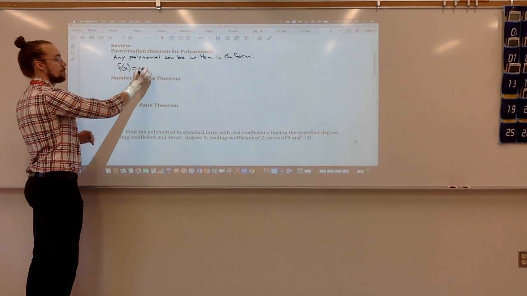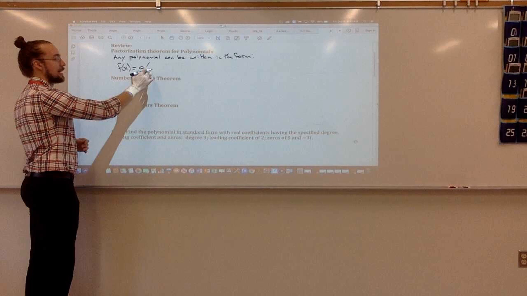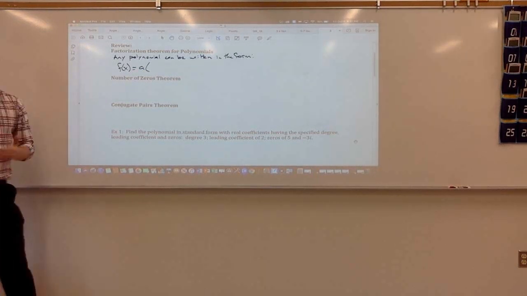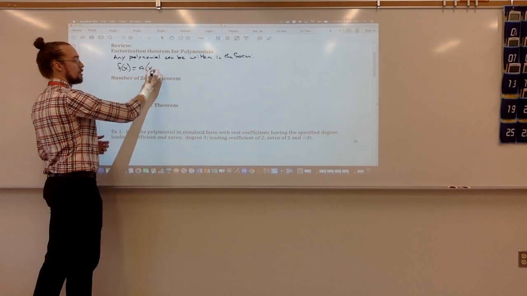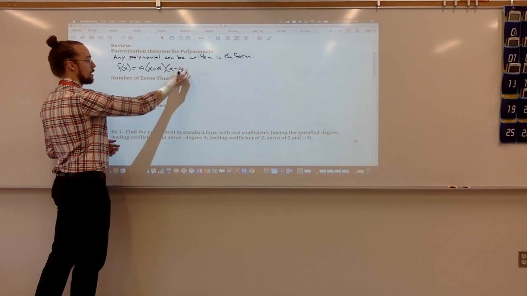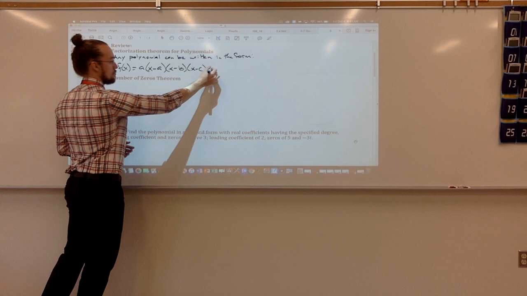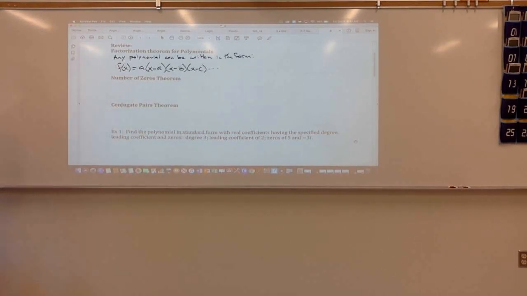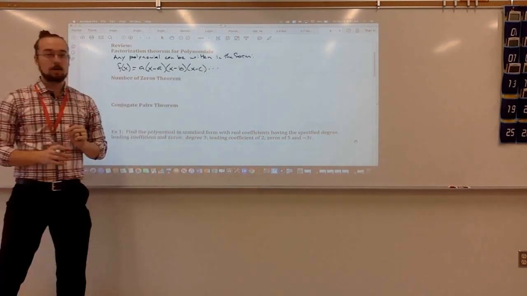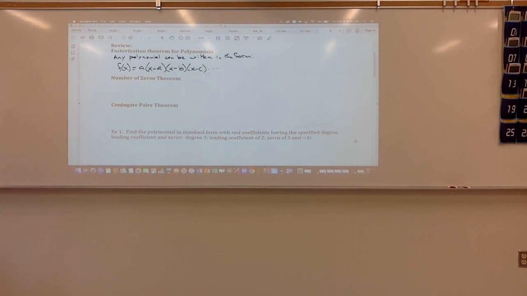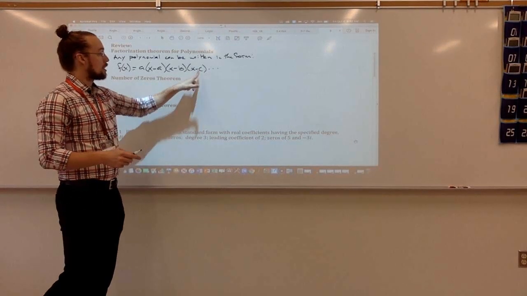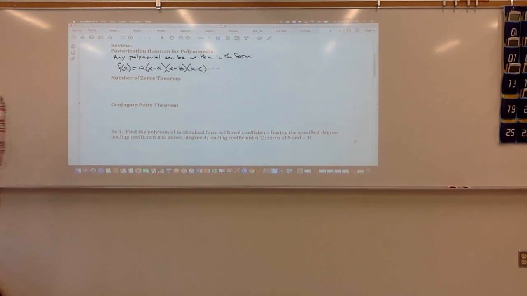We'll have some coefficient out front, and then we have factors that show us each of the zeros. So x minus a, x minus b, just listing all of the factors out like that. These would be the same as all of the zeros. Now, it is possible that we have irrational numbers here. It's possible that we have imaginary numbers here.